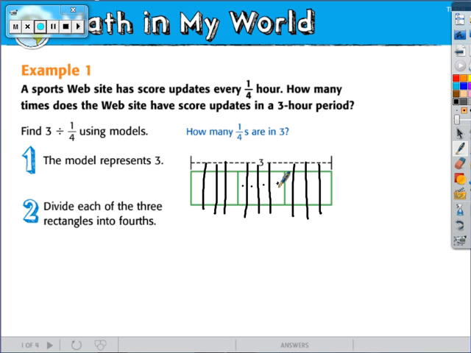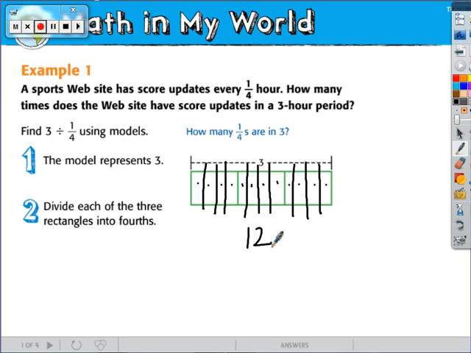Okay, we're good. Then we're going to count how many fourths we've made. So let's count. I have 1, 2, 3, 4, 5, 6, 7, 8, 9, 10, 11, 12. So I have 12 fourths.